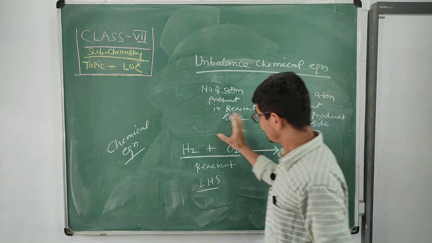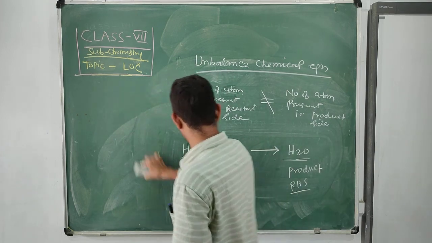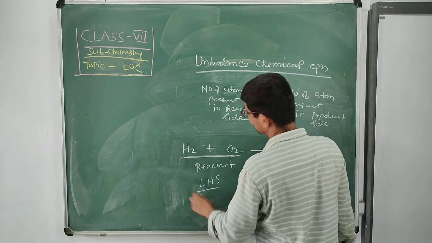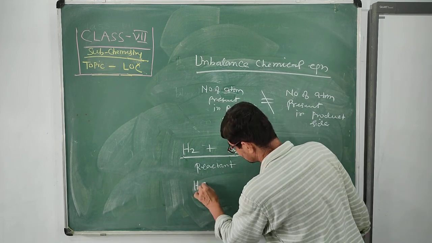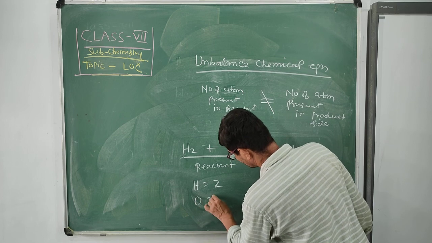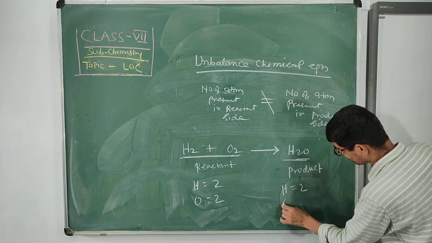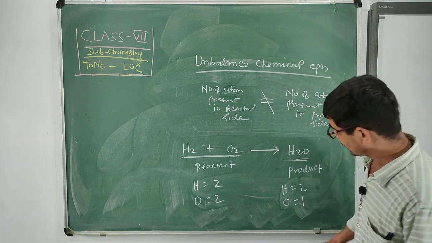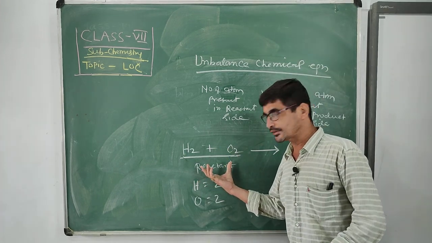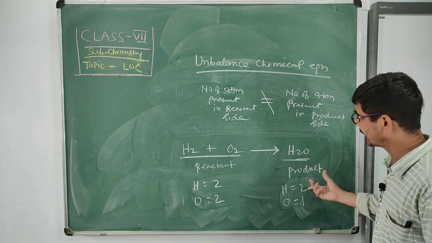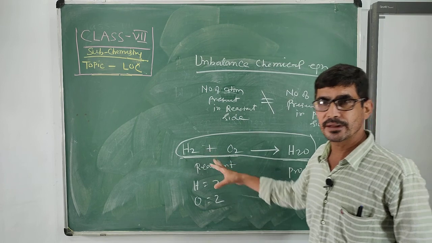Let's count how many atoms are present in the reactant side and product side. In case of reactant side, the number of hydrogen is 2 and the number of oxygen is also 2. But in case of product side, the number of hydrogen is 2 but the number of oxygen is 1. So the number of hydrogens are equal but the number of oxygens are not equal. So this is called an unbalanced chemical equation.